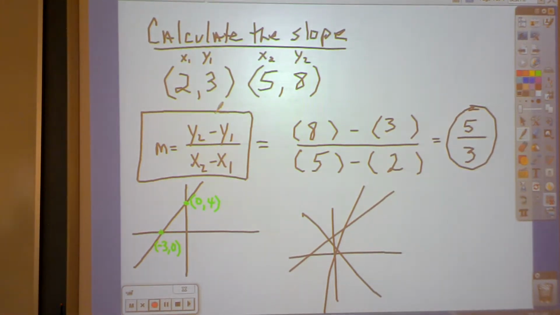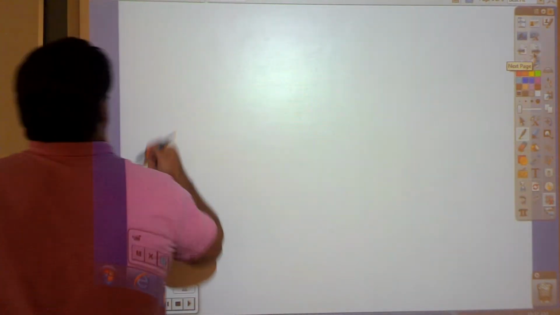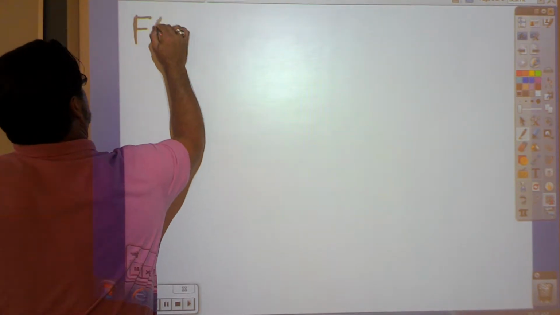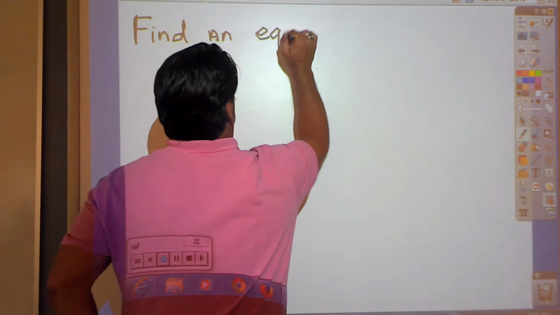Now, there's a couple of other things I want to show you before we get to how to graph. And that is find an equation.